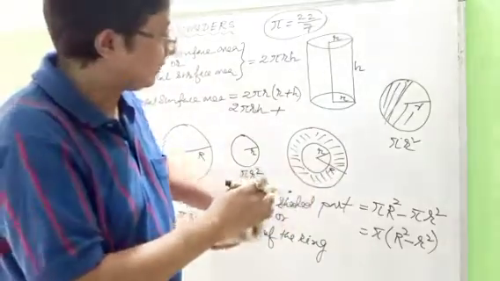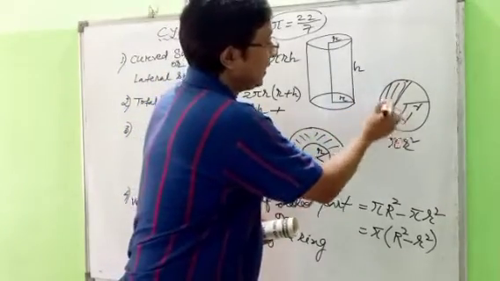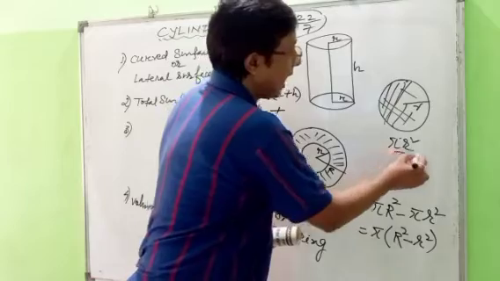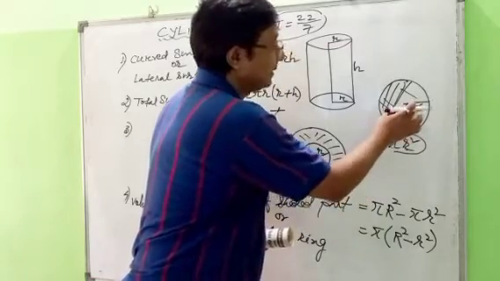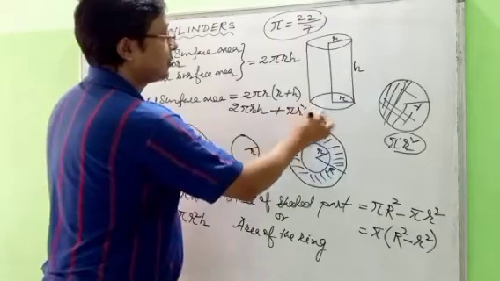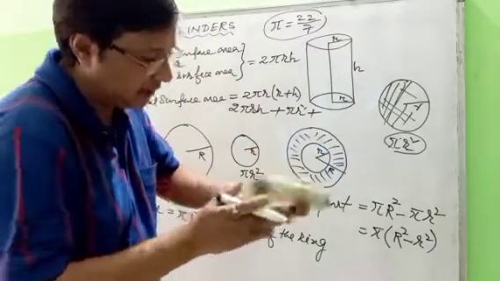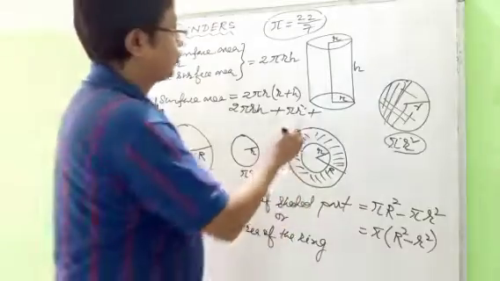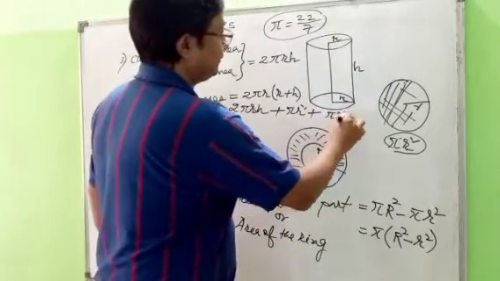The area of a circle is given by pi r square, where r is the radius of the circle. So you get pi r square, plus pi r square.